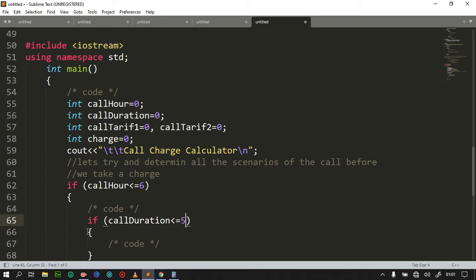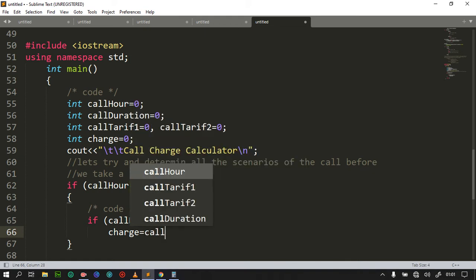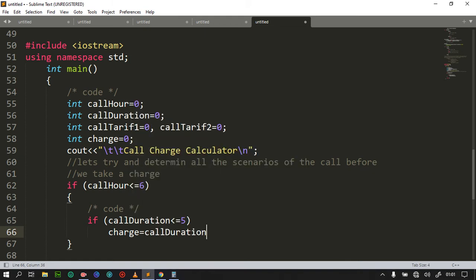Then since here we are going to use a single statement, so here we shall say a charge. So this is what I was saying, we shall brainstorm from here. Maybe we can say charge is call duration times call tariff 1.